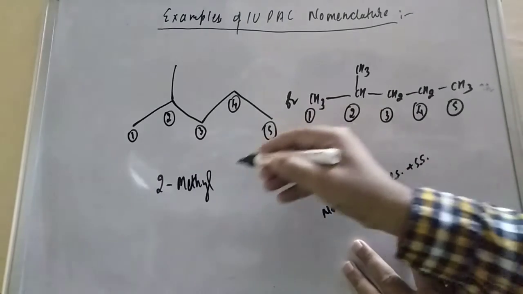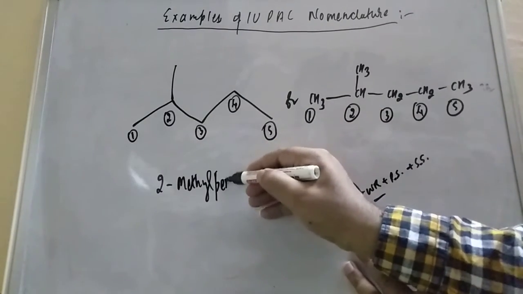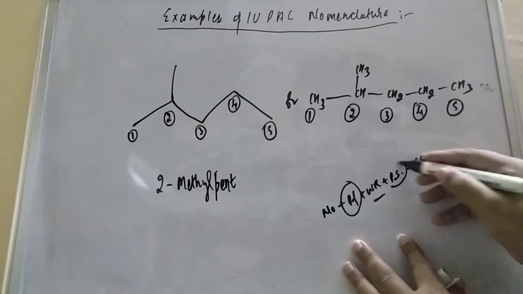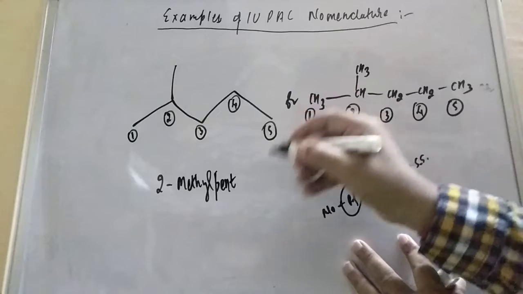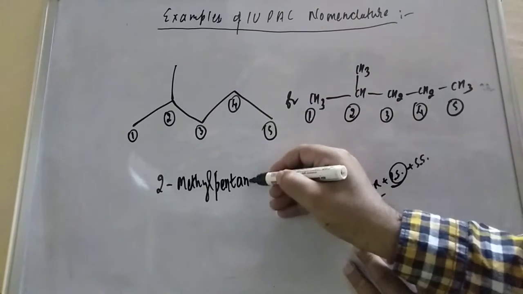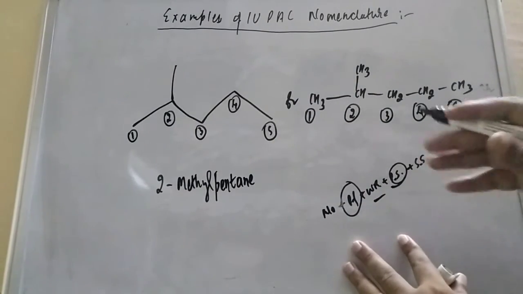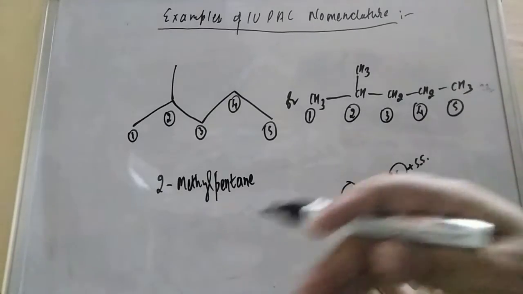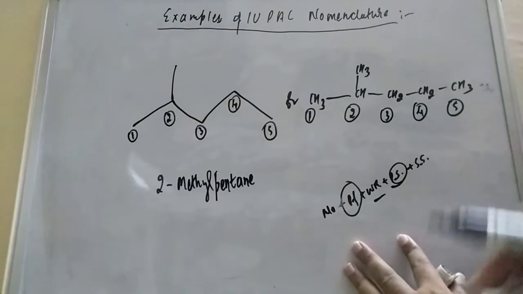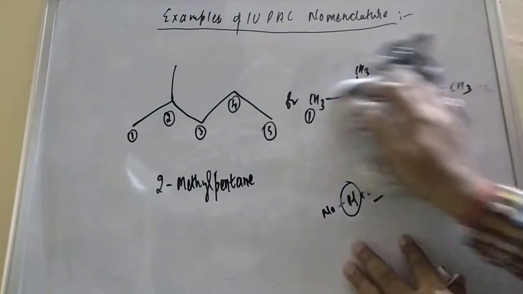How many carbons? 5 carbons, that is pent. Then the primary suffix: what kind of bond is it? Single bond. So that is 2 methyl pentane. This is the IUPAC name of this compound. This is very simple. Let us move to another example.